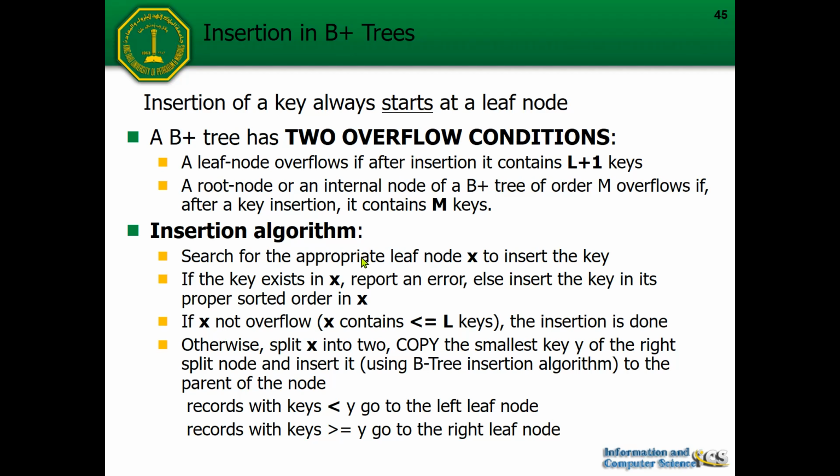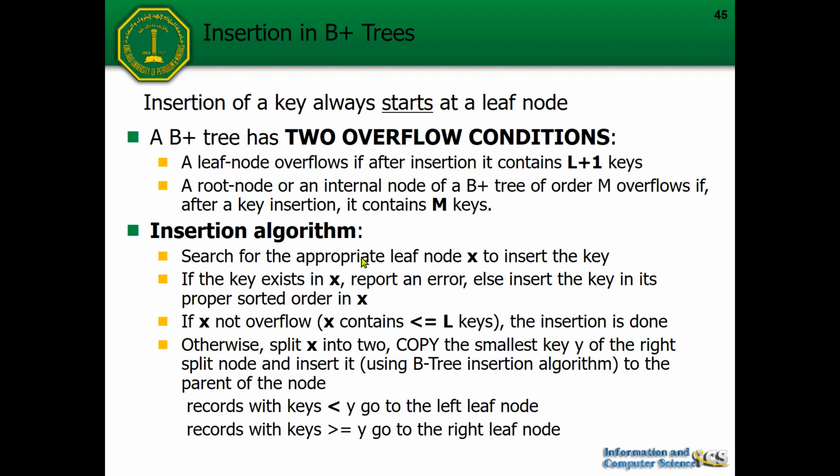The first operation that we will need to discuss in a little bit of detail is the insert operation in the B plus tree. The insert operation in the B plus tree must be started in the leaf node. This is because when we want to insert a key, it means that we are inserting a record, a data or data reference.